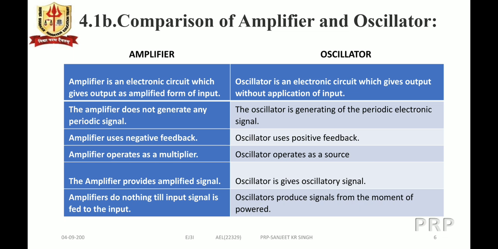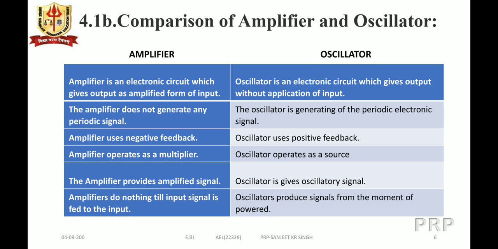To compare the amplifier and the oscillator on a number of parameters, first we look at the amplifier. An amplifier is an electronic circuit which gives an amplified output of the input that is fed to it, whereas an oscillator is an electronic circuit which gives output without application of input. There is no sine wave input given to the oscillator circuit.